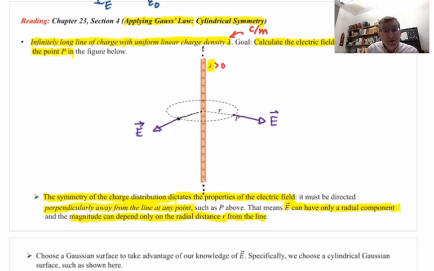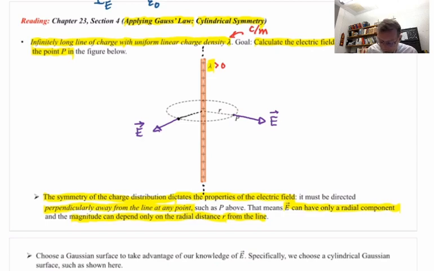But its magnitude would be the same as the magnitude of the electric field over there at the point P. Why? Because the magnitude of the field depends only on the radial distance r from the line, and those two points I'm talking about are on that circle, and those two points are the same distance from the line. So those two electric field vectors that I've drawn with the purple arrows will have equal magnitudes, but different directions.